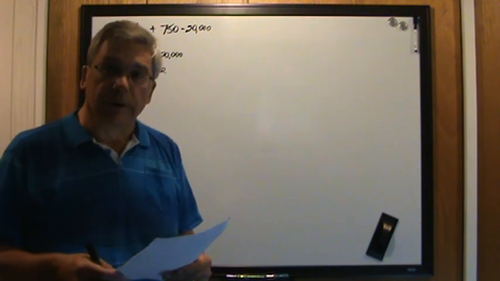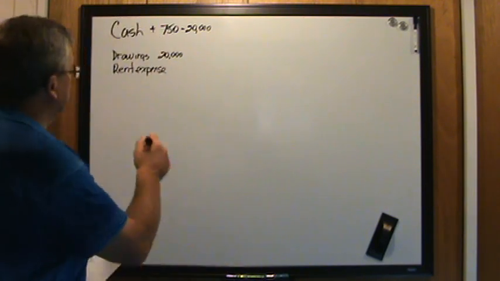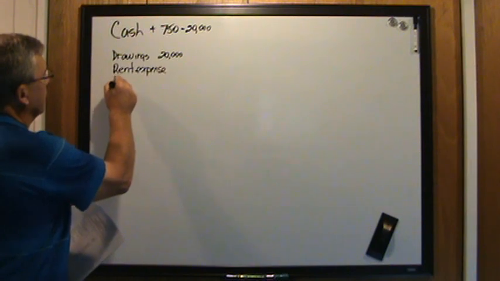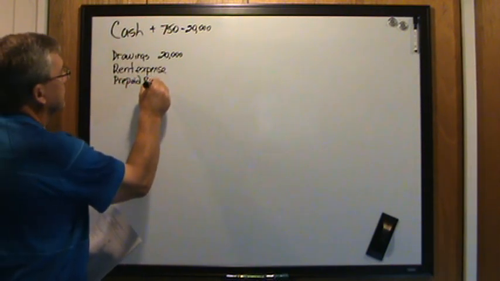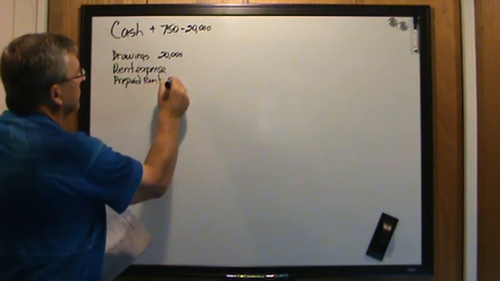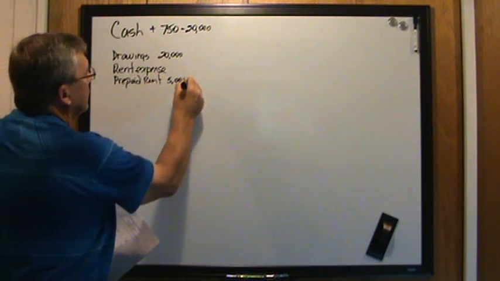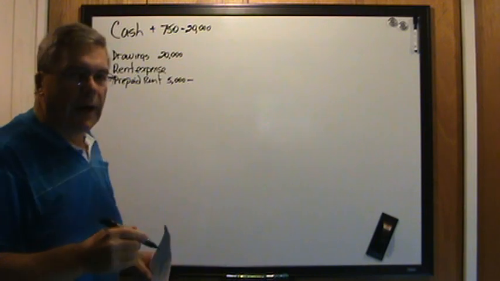The rent portion is $5,000. So we have a prepaid rent account, which is $5,000.